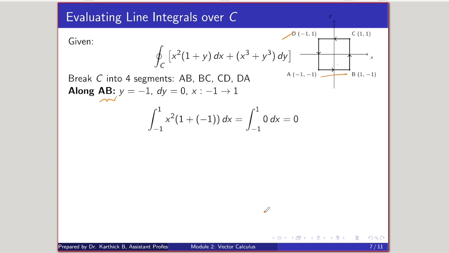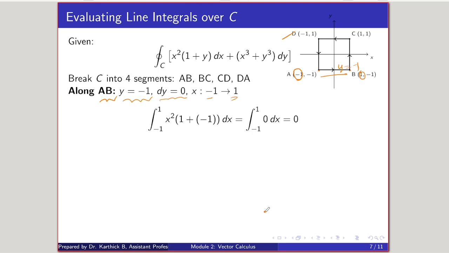What is the equation here? y equal to minus 1. If I differentiate this equation, the constant with respect to y becomes 0, so dy becomes 0. From A to B, x varies from minus 1 to plus 1.